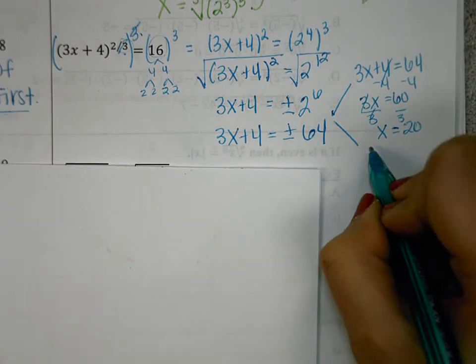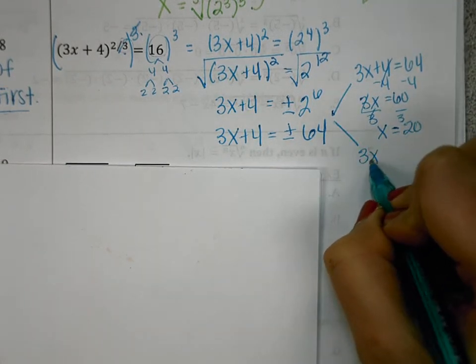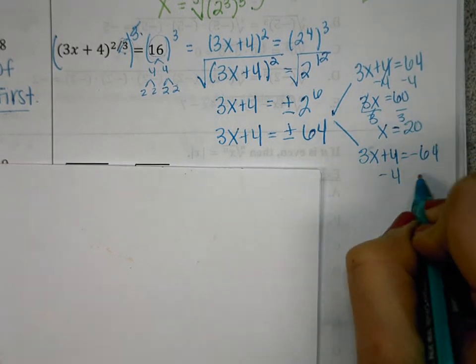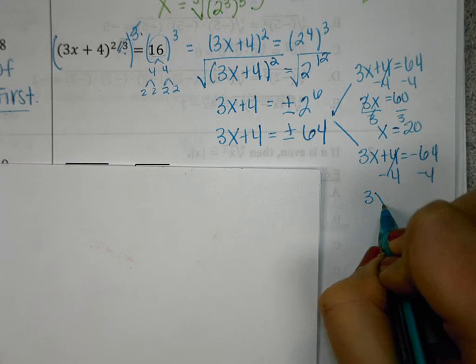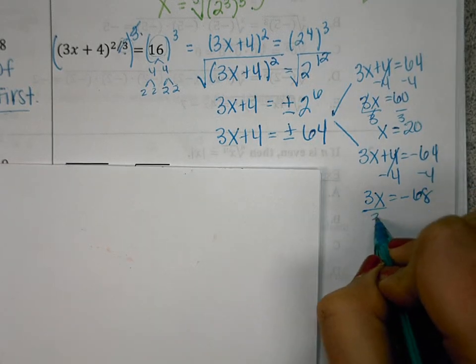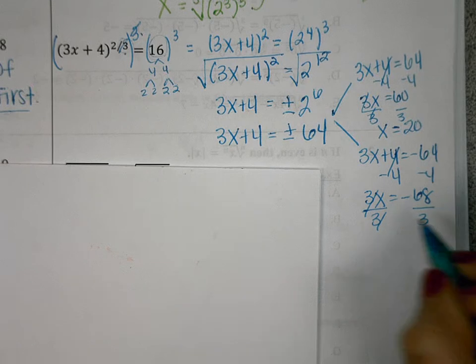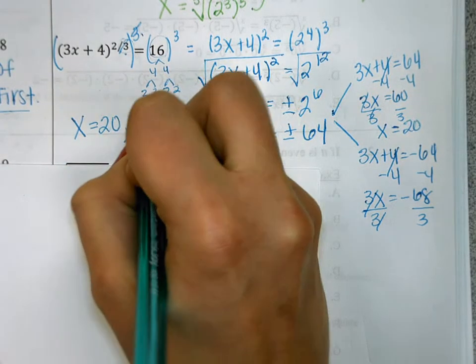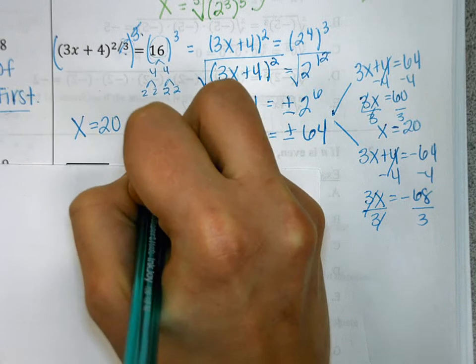And then set it equal to the negative. So 3x plus 4 equals negative 64. Subtract 4 to get 3x equals negative 68. And divide by 3. So we actually end up getting x equals 20 and negative 68 over 3.